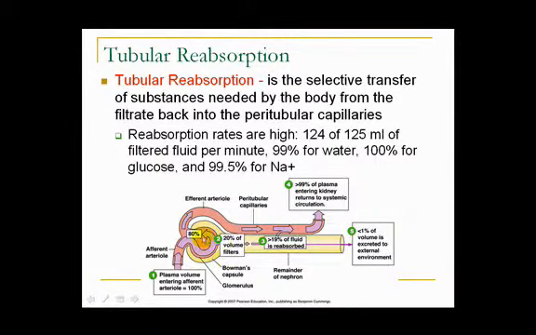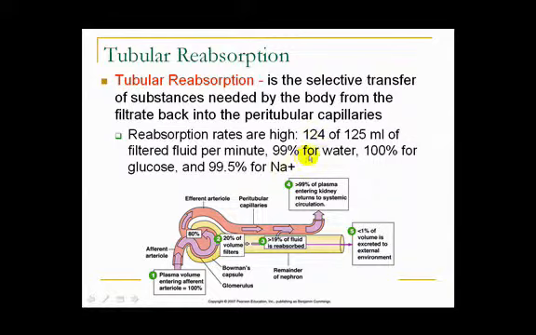Okay, so you can see here about 20% of your plasma volume gets filtered out. 80% will continue on through the peritubular capillaries. And about 19% of that fluid gets reabsorbed back. So you can see here your reabsorption rates are high. So you filter about 125 milliliters of fluid per minute, and about 124 of that's going to be reabsorbed.